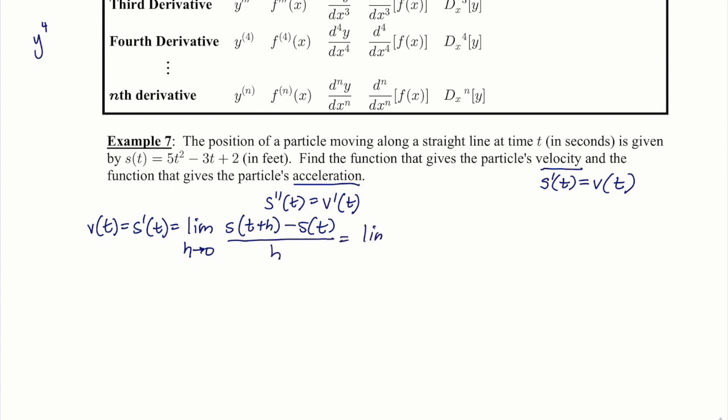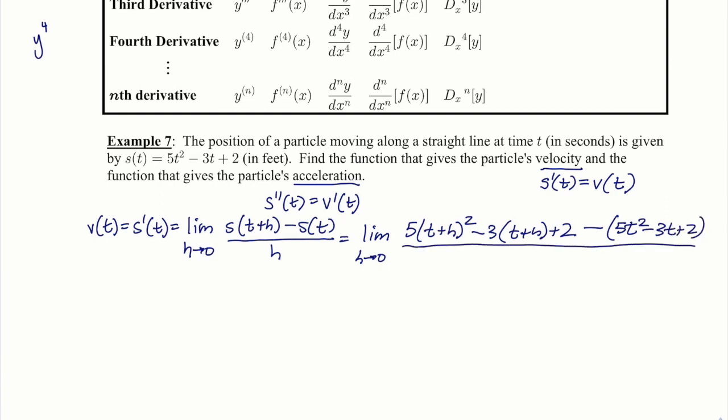And that's going to look like the limit as h goes to 0 of 5 times the quantity t plus h squared minus 3 times the quantity t plus h plus 2, and then we want to subtract 5t squared minus 3t plus 2, all of those terms, and we want to divide by h.